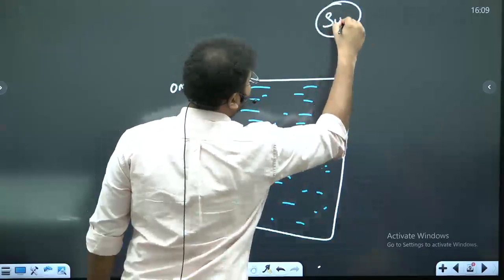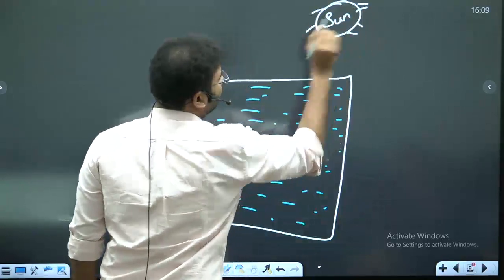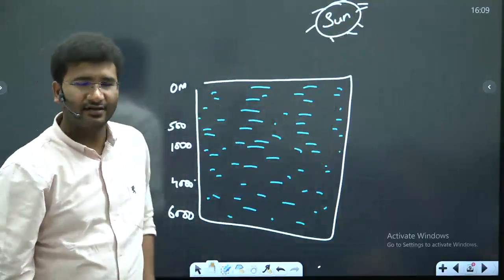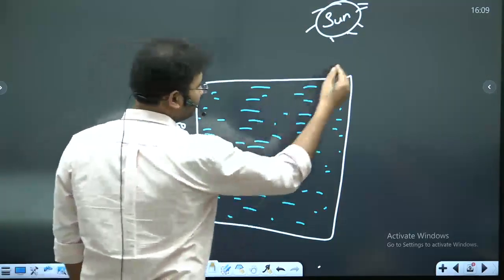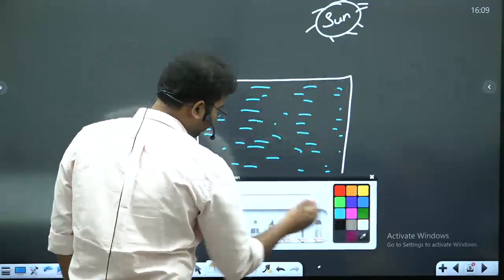Imagine this is your sun. Sun can reach its sunlight till what depth? Maybe 200-300 meters. So let's assume that, I'll also draw the temperature graph.